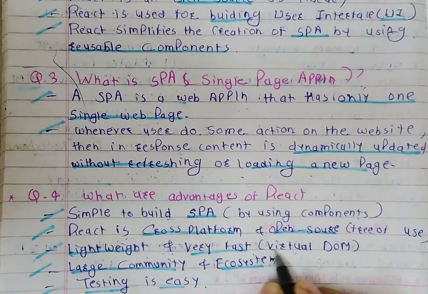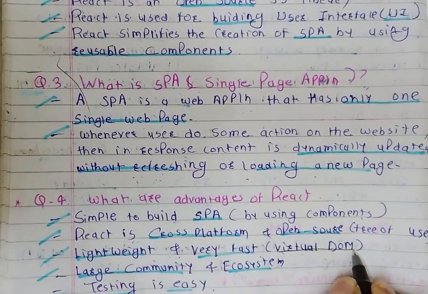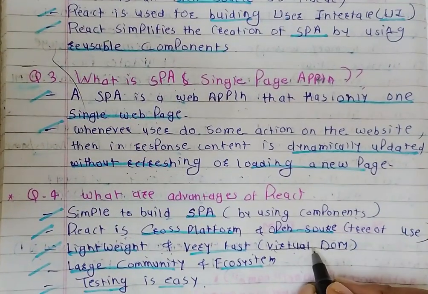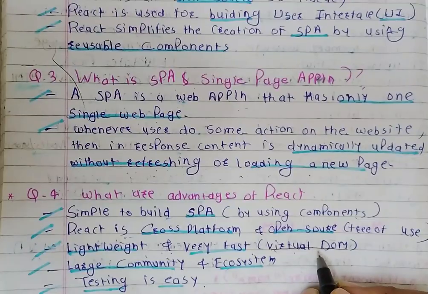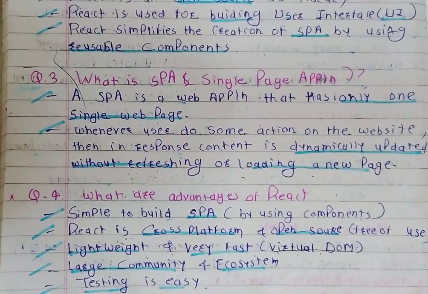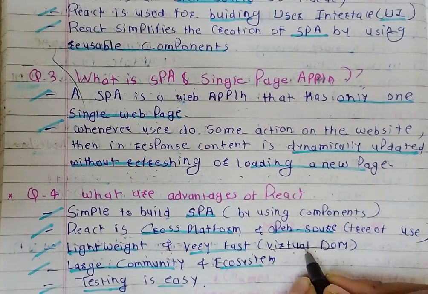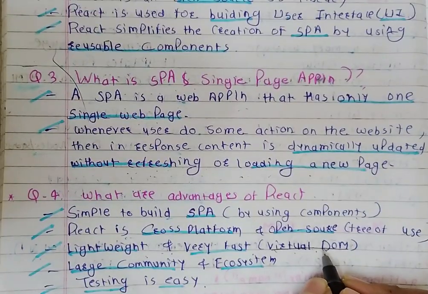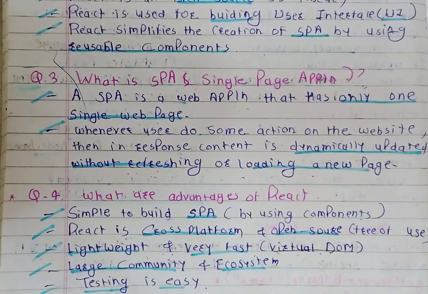Specifically, the virtual DOM is a very important concept in React. The reason React is faster is that before updating the real DOM, it always compares the current virtual DOM with the previous virtual DOM. If it finds any changes between those two, only then does it update the real DOM.